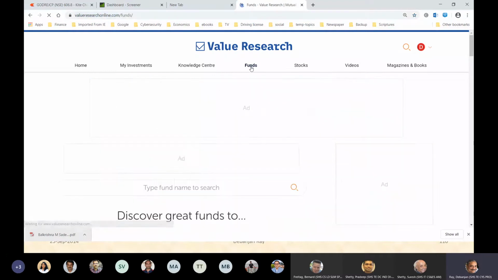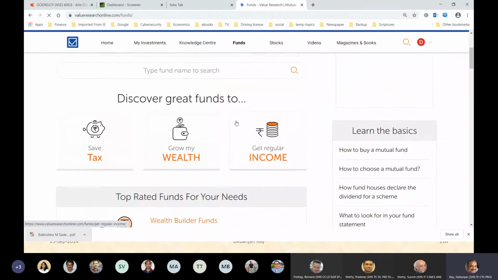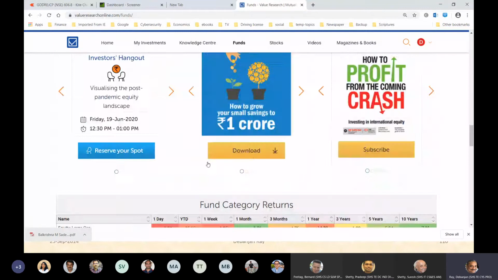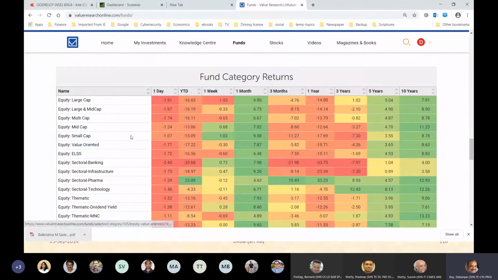If you go to the funds, here are the funds and the stocks, and there are different kinds of funds. It also shows the trend of the funds over a period of time, say 1 day, 1 week, 1 month, and how a particular category of funds performs: mid cap, small cap, large cap, large and mid cap.